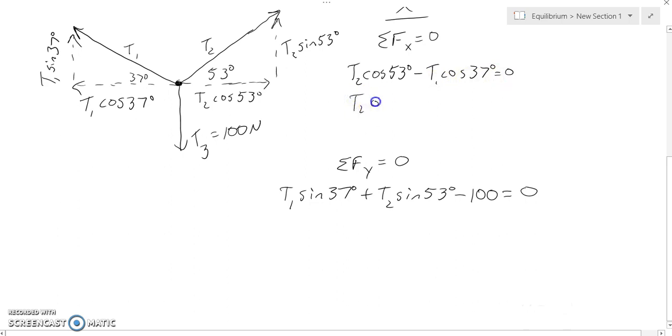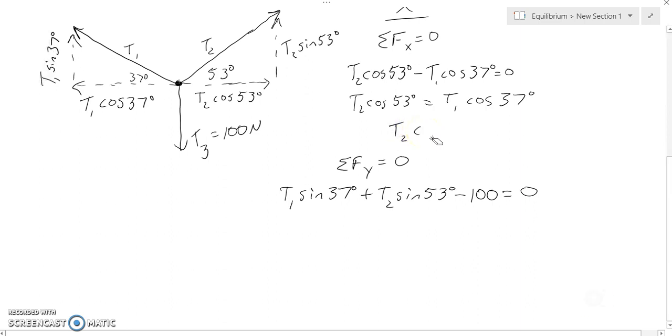So t2 cosine of 53 degrees equals t1 cosine of 37 degrees. And then I'll just solve for t2. Again, you can solve for either one, but I'm going to say t2.